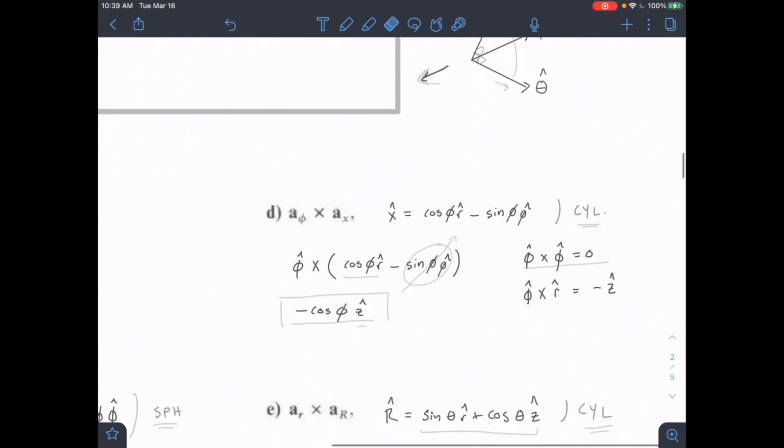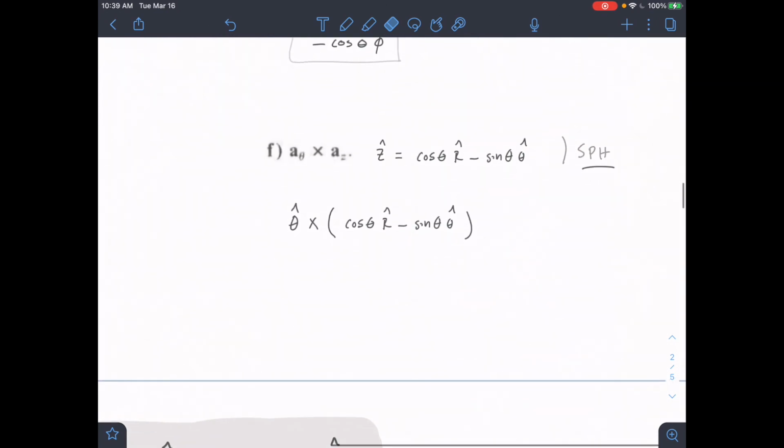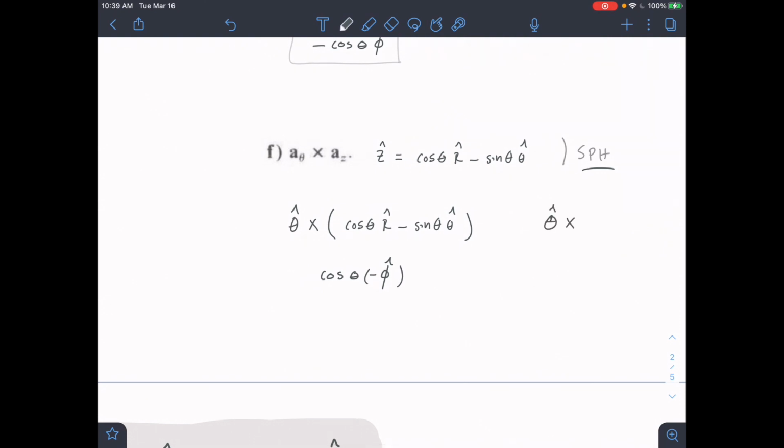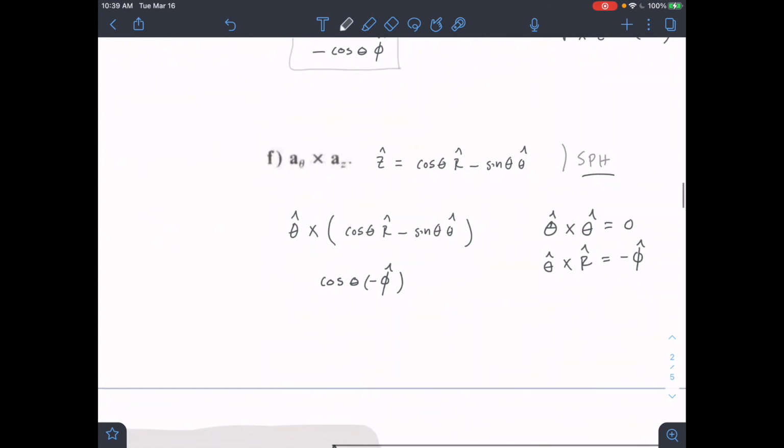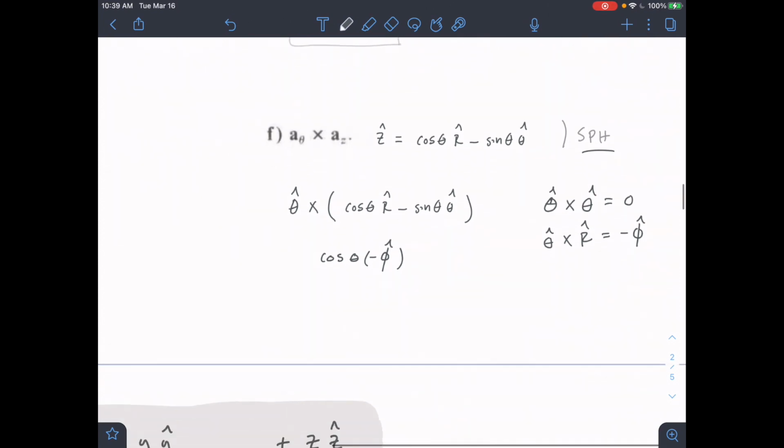So theta cross r is equal to negative phi, so cosine of theta, negative phi, right? But then theta hat cross theta hat equals 0. Theta cross r equals negative phi, and r cross theta is negative phi also. Okay, and just checking, and yes, that is correct.